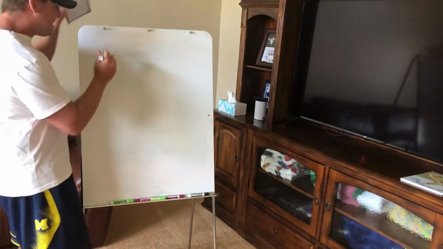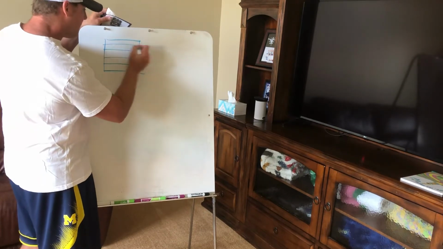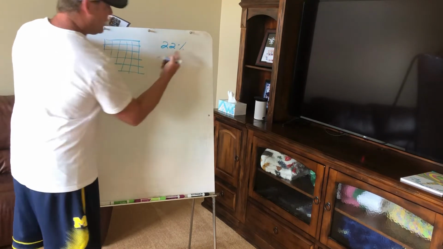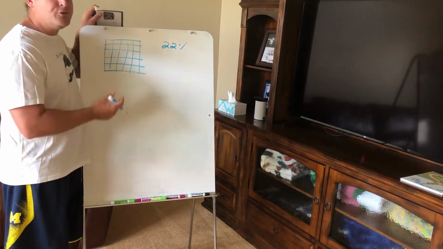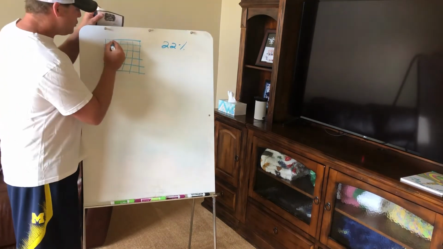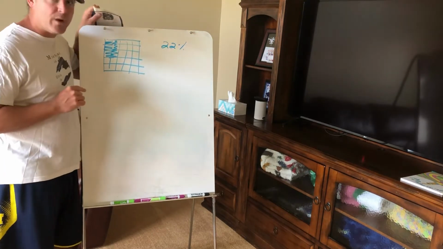Again, we are pretending that this is a 100 square grid. If I asked you to shade in to illustrate 22% of this 100 square grid, you would shade in 22 squares.